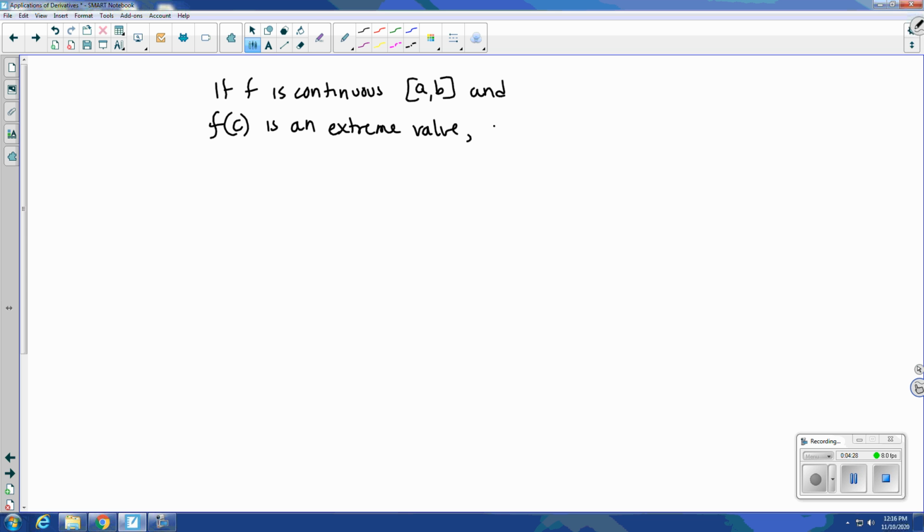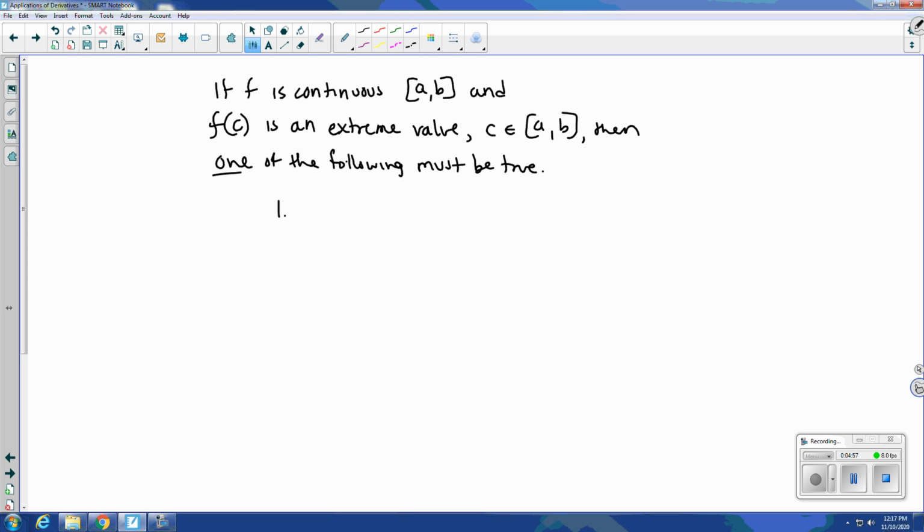And c is an element of that set from a to b. So it's part of that, it's inside of that interval. Then, one of the following must be true. So if we know we have an extreme value, then one of the following three things must be true.